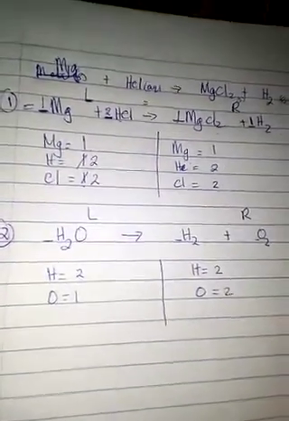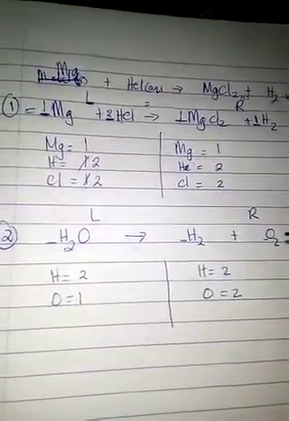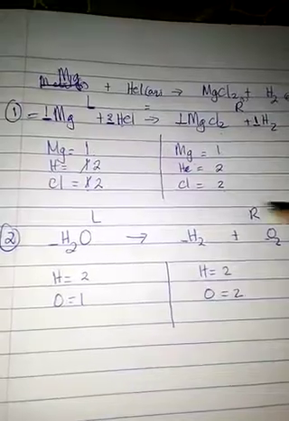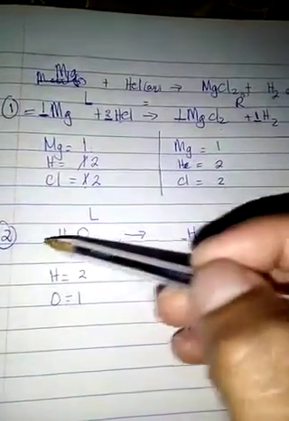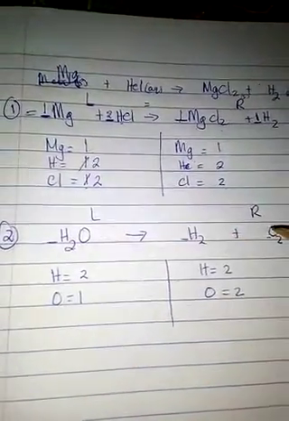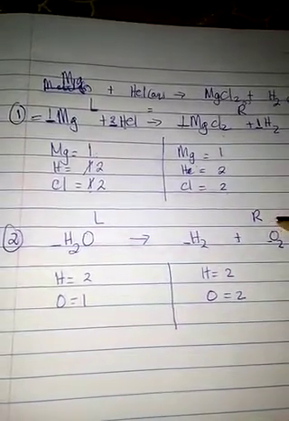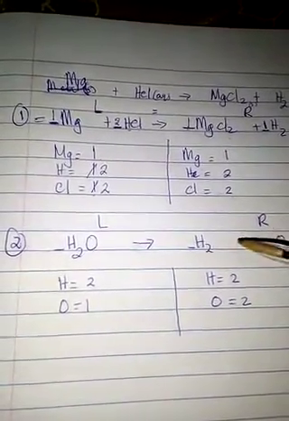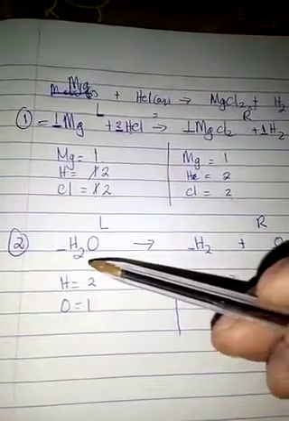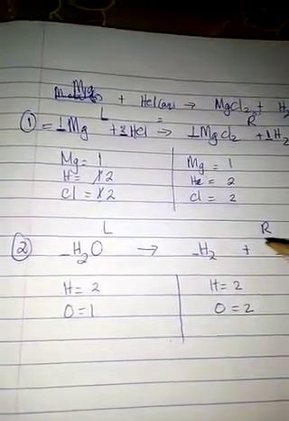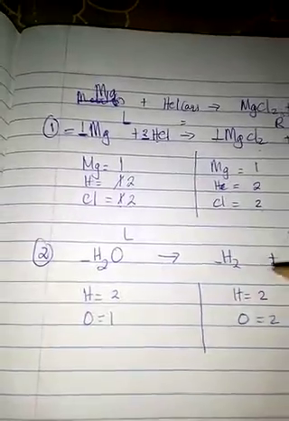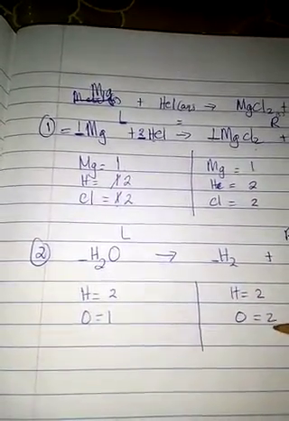It's not balanced. So what you need to do now is look at the overall equation on your left and on your right, and add coefficients to any molecule that would make left and right the same. So the key point here is the oxygen.